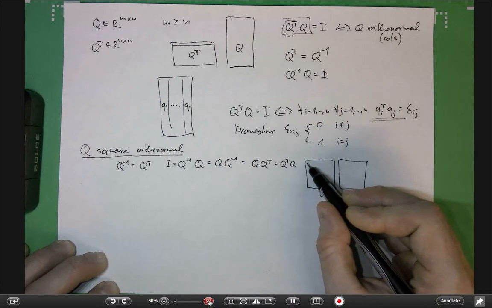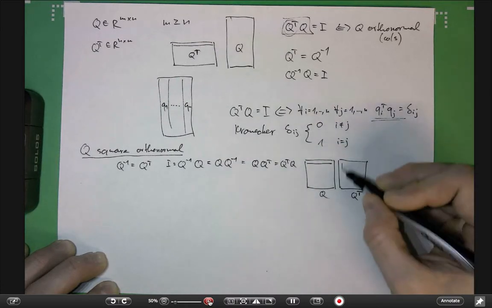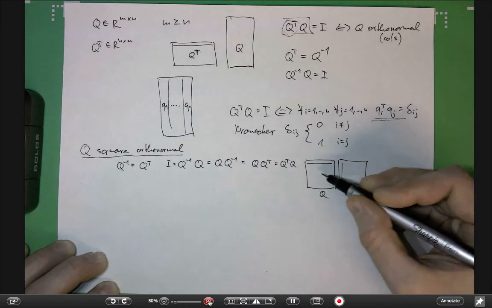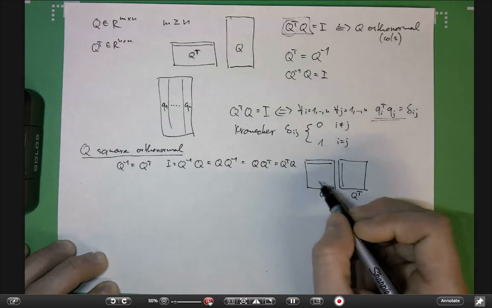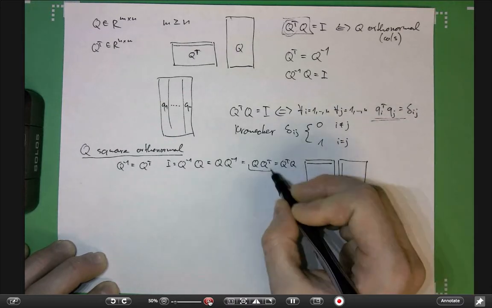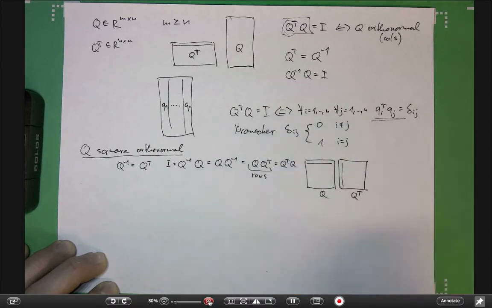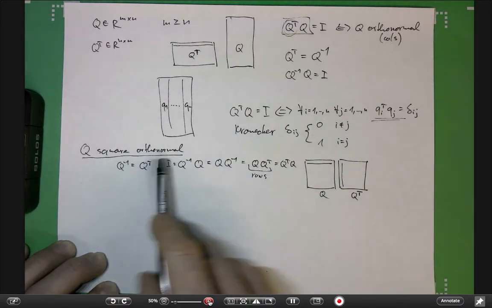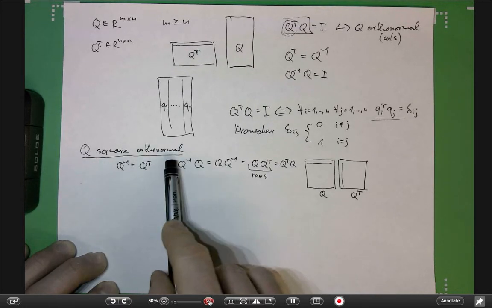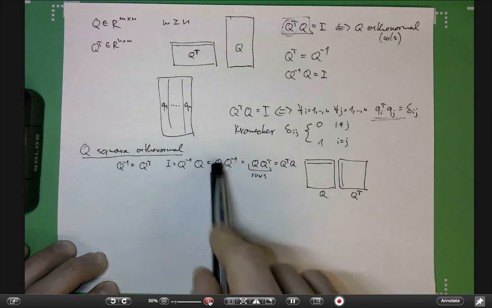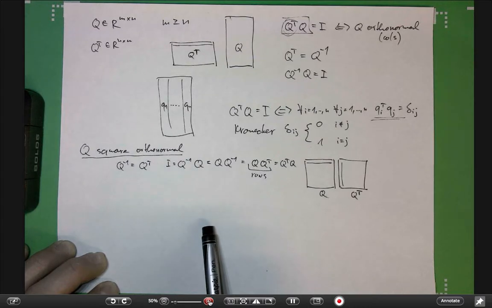Here I'm looking at a row, and here I'm looking at a column, but these columns are just rows of Q. So this is really taking dot products between all rows of Q. So this is looking at rows. This is interesting because it tells us that if Q is square and orthonormal, it has both orthonormal columns and rows. That's the special case of a square orthonormal matrix.